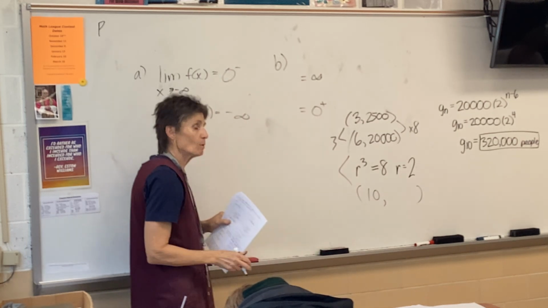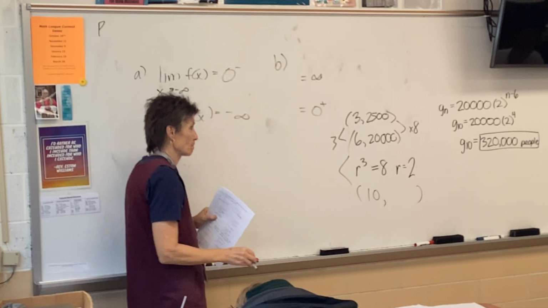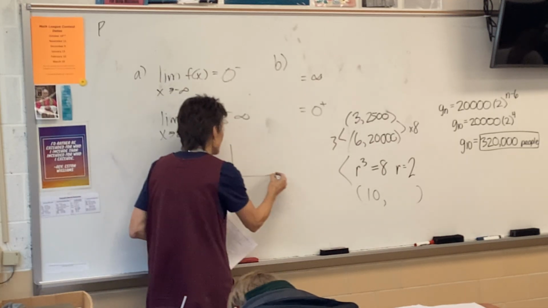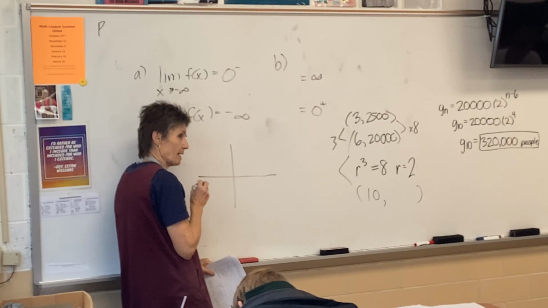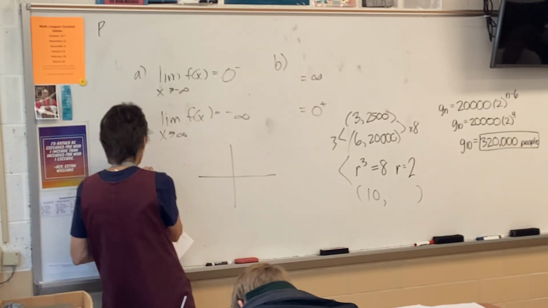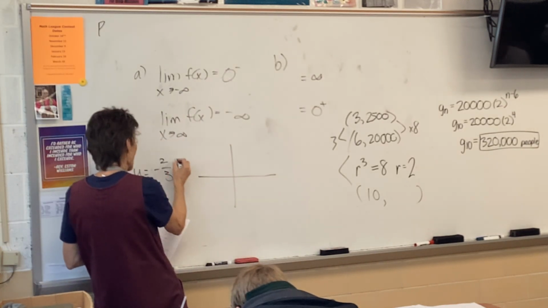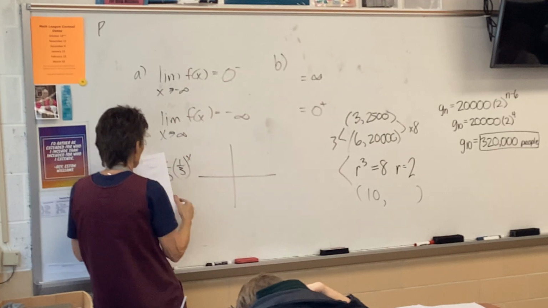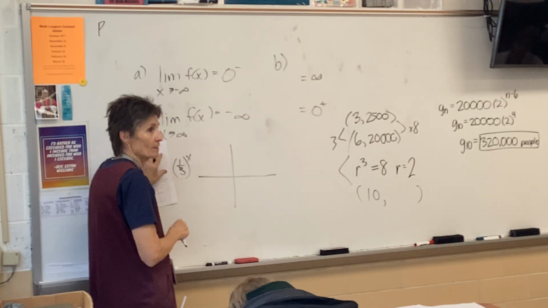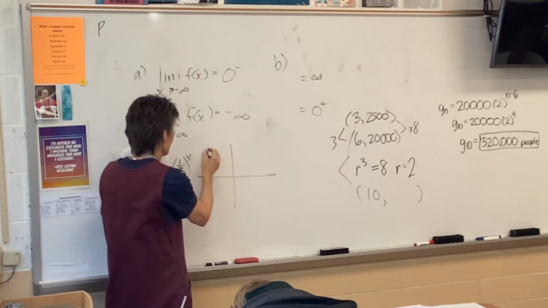Now, what about C? What does C look like? Well, I've told you before, I do what works for me, you do what works for you. I always look at the base first. That is decay.